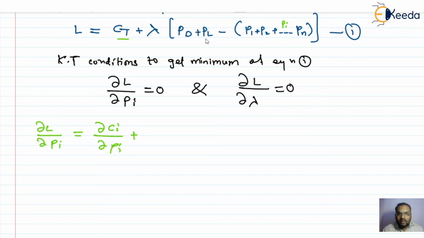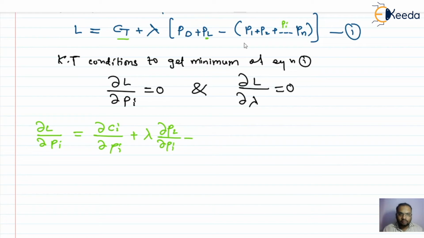Again, in the power loss, we just discussed the power loss formula. Power loss is a quadratic function in terms of the power output of the generators, so definitely this PL will also consist of Pi. First we will keep lambda as it is, so lambda into the differentiation of the power loss with respect to power output, and this term will be with a negative sign.